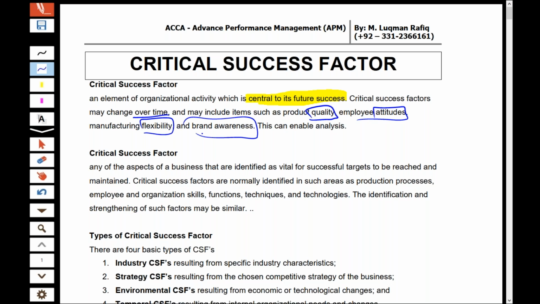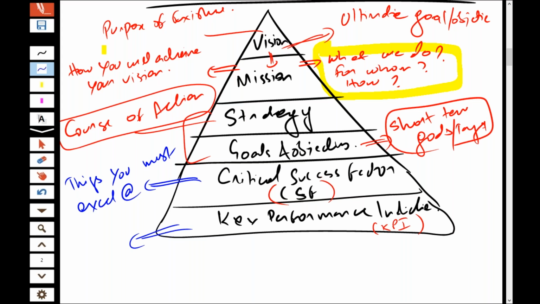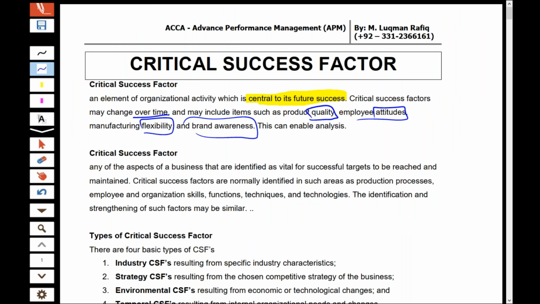So if I could summarize, if you have to achieve your ultimate vision, ultimate goal, ultimate objective, then an organization should be able to achieve its critical success factors. The CSF is the things you must excel at. That is what is going to be considered as your critical success.